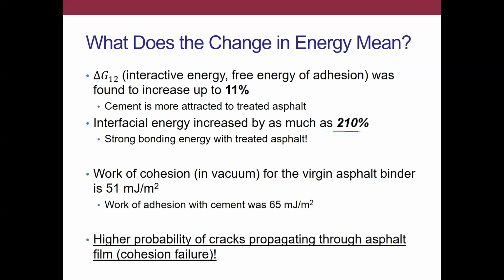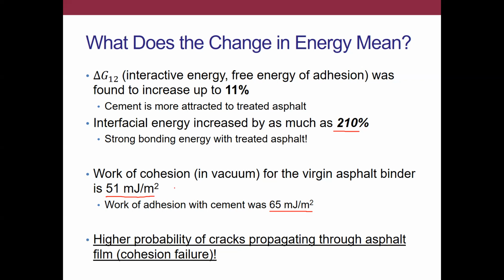However, here is the interesting point. If we calculate the work of adhesion between the cement and the asphalt, we get a value of 65 millijoules per meter squared. If we calculate the work of cohesion of just the asphalt, it's a lower value. So unfortunately, all of this data that we just showed, demonstrating that we can increase the adhesion potential between asphalt and cement, is irrelevant, because the energy of cohesion of the asphalt is still lower.